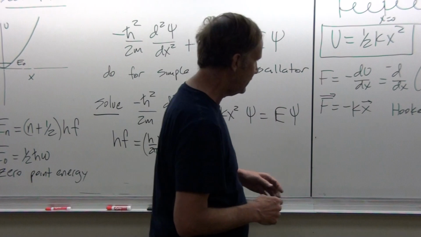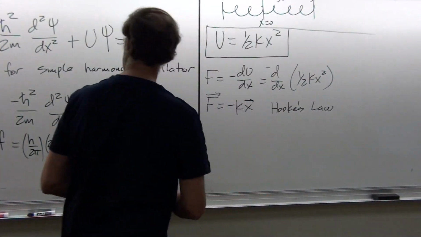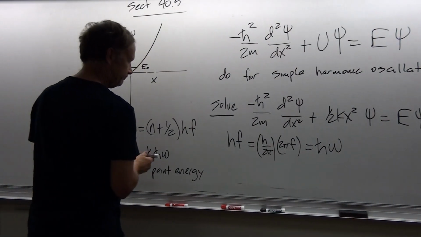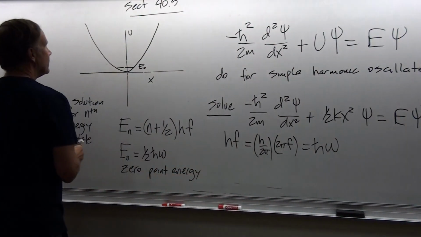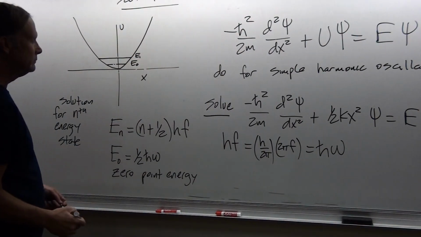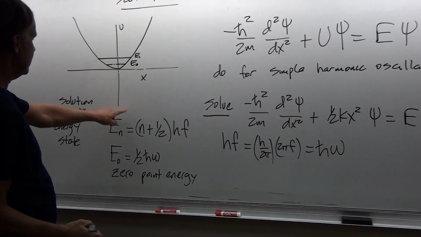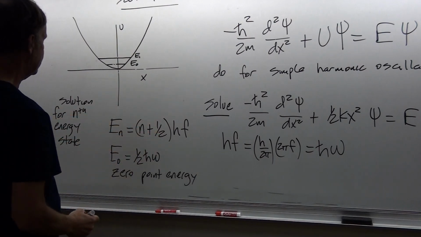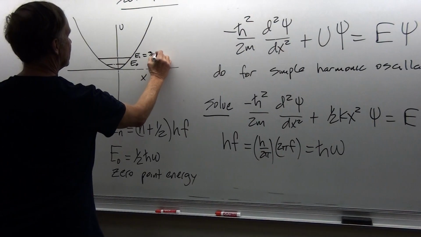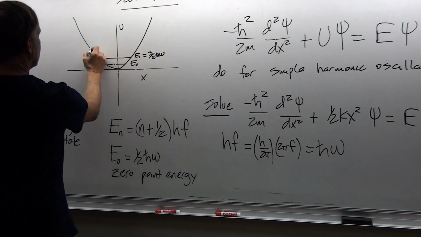Okay, and so then we go up to higher energy states. This would be E1. So this then would be equal to 1 plus 1/2 h bar omega, or 3/2 h bar omega.